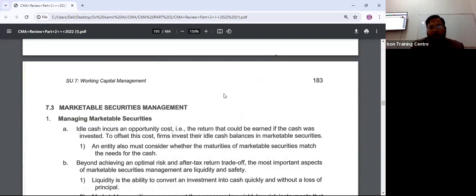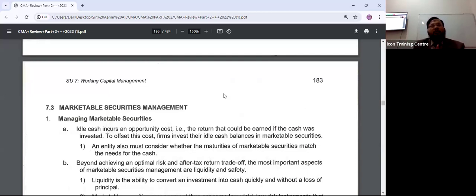The return that could be earned if you invest that cash somewhere, you could have earned a better return. To offset this cost, firms invest their idle cash balance in marketable securities.